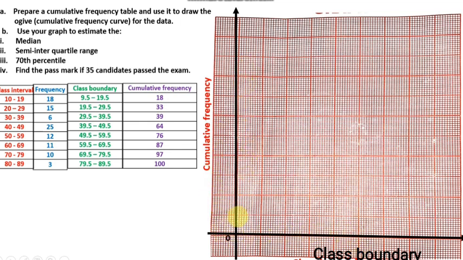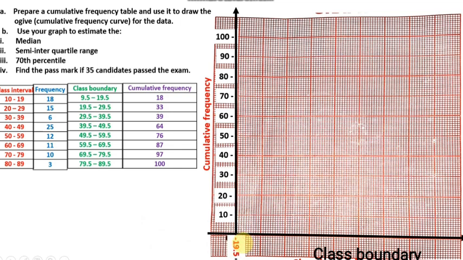On the vertical axis, we start from 0, then 10, 20, 30, 40, 50, 60, 70, 80, 90, and 100. For the horizontal axis, we are going to start from the upper class boundary. It doesn't necessarily mean you can't start from the lower class boundary, but for this class, I'm going to start from the upper class boundary.